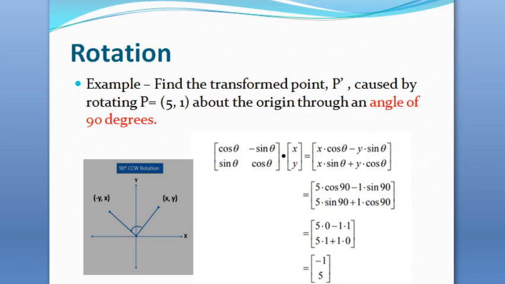Example: find the transformed point P dash caused by rotating the point (5, 1) about the origin through an angle of 90 degrees.